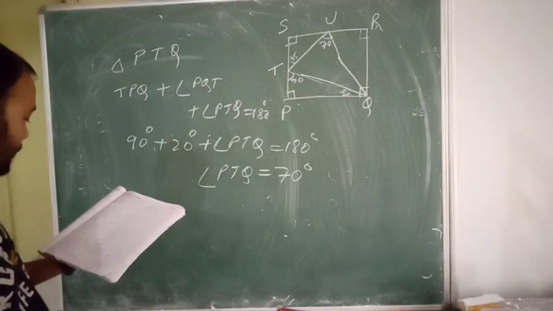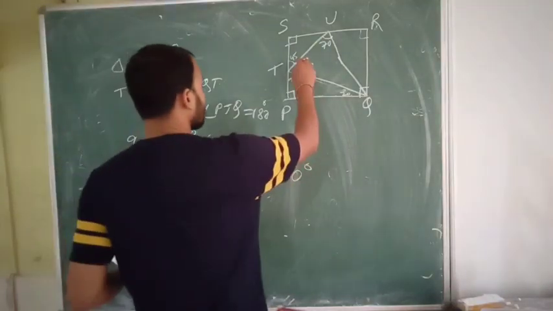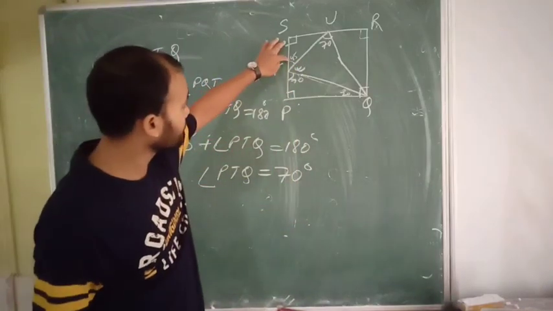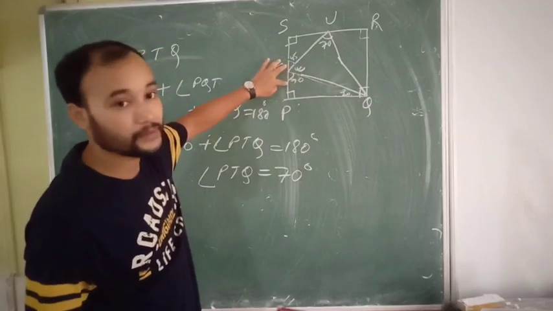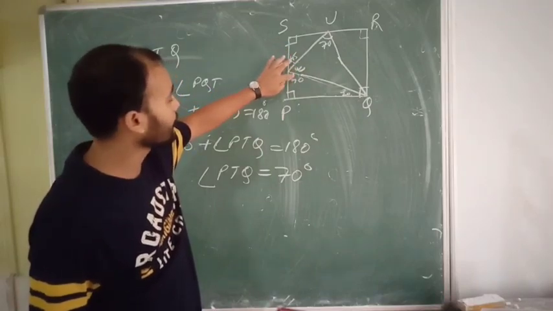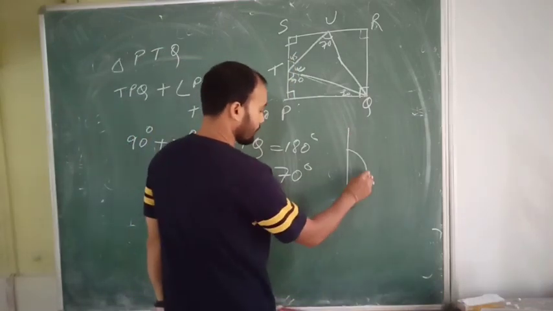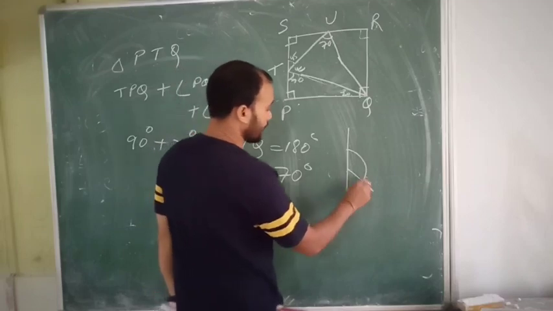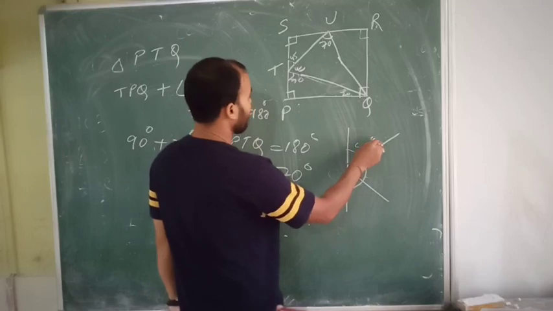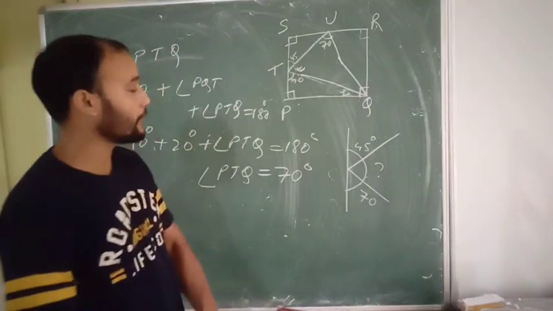Angle QTU. This angle. Now see, this entire angle can be termed as what? A straight angle. If this entire angle can be termed as a straight angle, this straight angle is split into three parts. One is 45, other is 70. We need to find this. How are we going to find this?